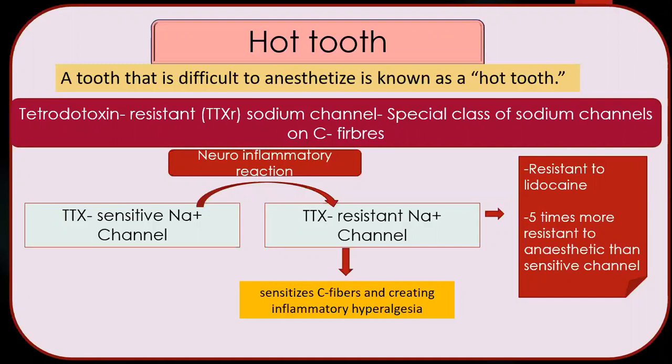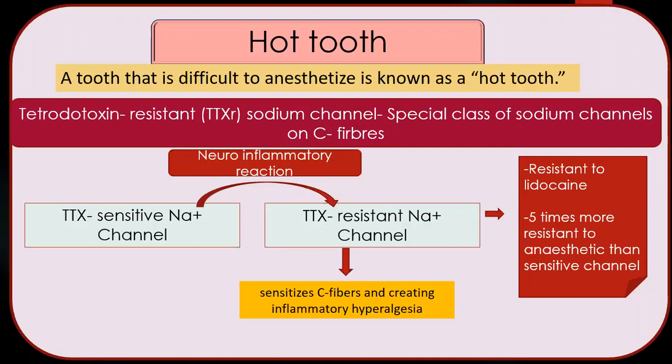So we have the voltage gated sodium channels, 9 to 11, present within the C fibers. Of these, 8, 9 and 10 are the channels considered tetrodotoxin resistant channels.